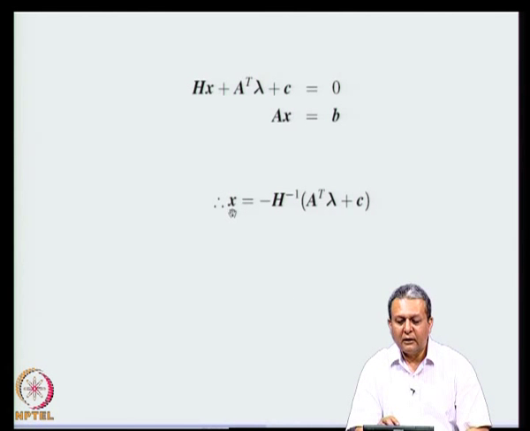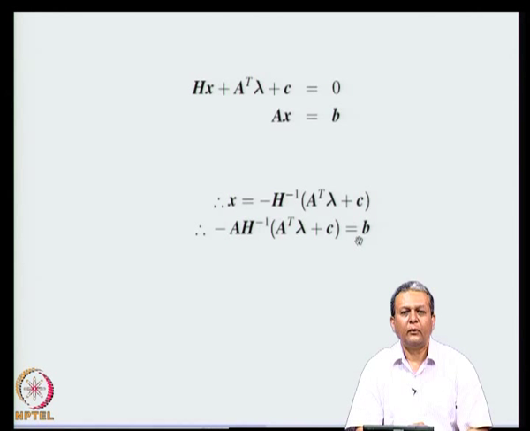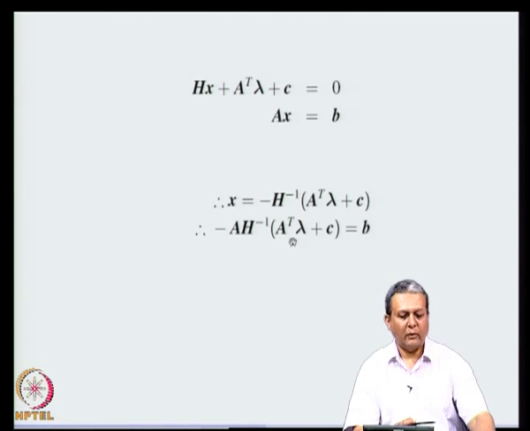Now, this x should satisfy Ax equal to B. Therefore, minus A H inverse (A transpose lambda plus C) equals B. Now, we can use this and the fact that A is a full row rank matrix to find the value of lambda.